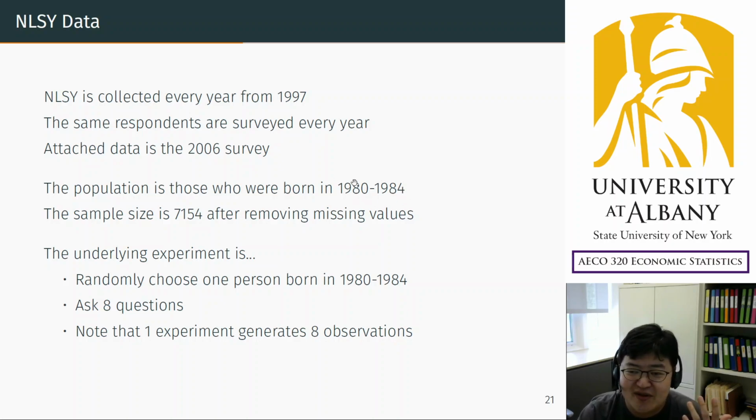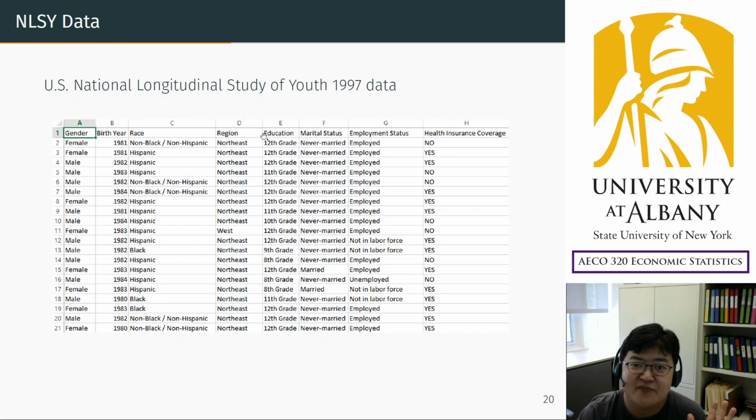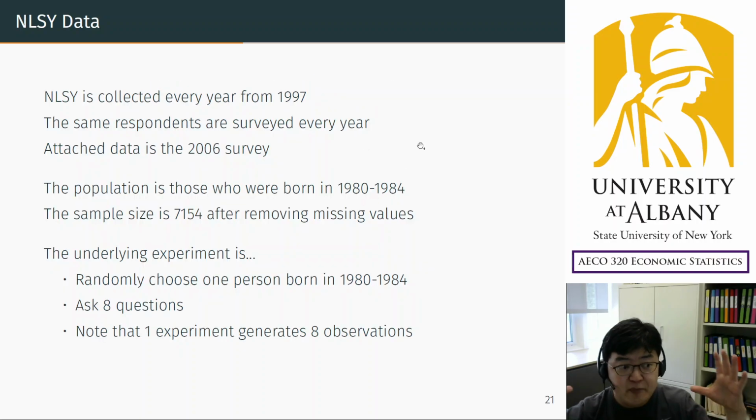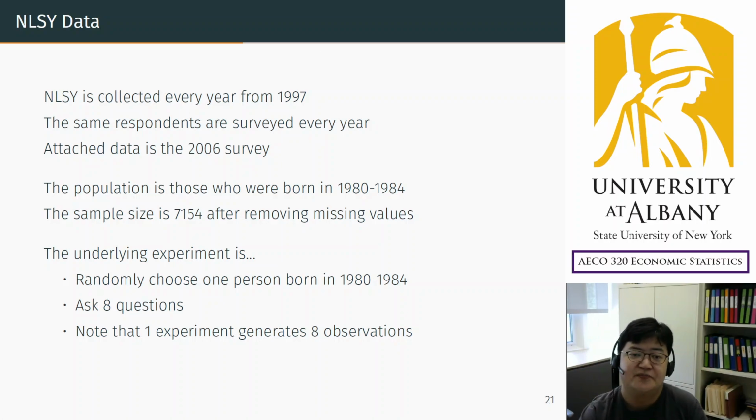At the time, this cohort was youth. So we call the data a study of youth. So the population is restricted to be younger people, this generation. And after I remove missing values and those who did not answer questions, I got 7,155 observations. That's what you see.